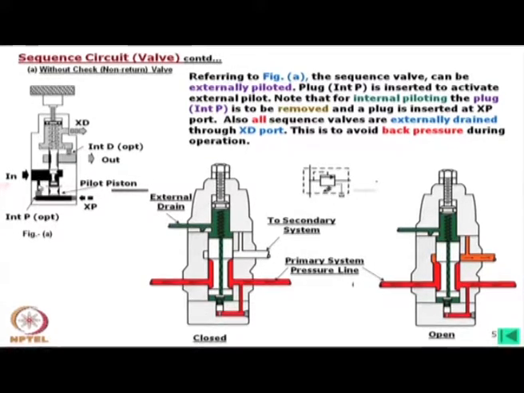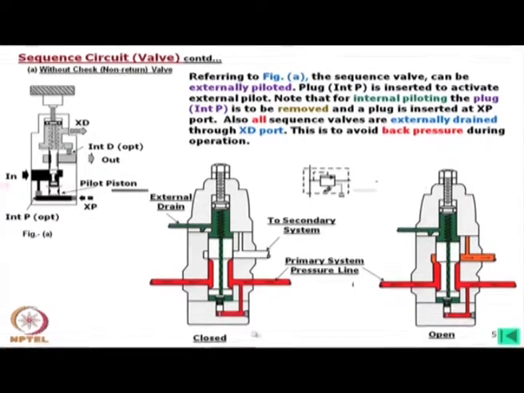But when the pressure increases such that the pressure differential is able to move this one, then again it will open. So, in this case both internal and external piloting are possible. Now, external draining is a must to avoid back pressure.